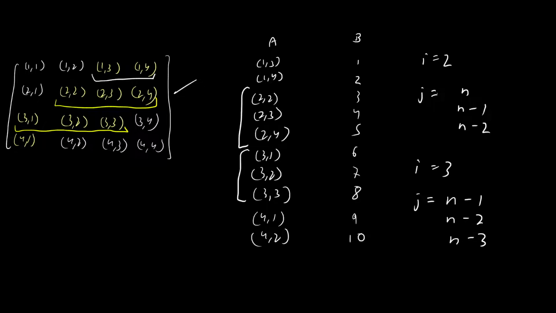We also have to account for that. So let us think for a minute. i equals 2, j equals n. So at 2 comma n, b would be 3. 2 comma n minus 1, b would be 4, 2 comma n minus 2, b would be 5.